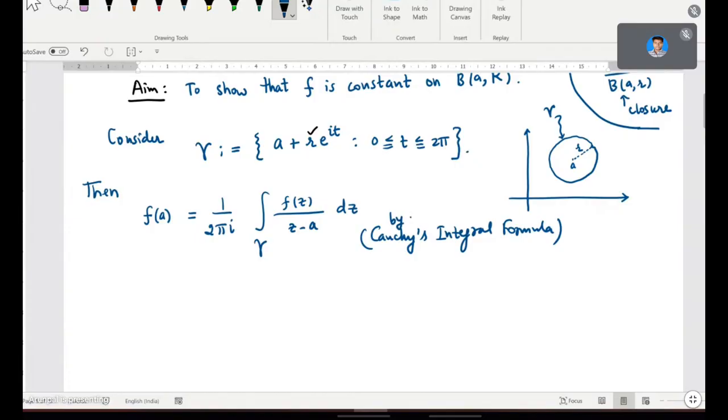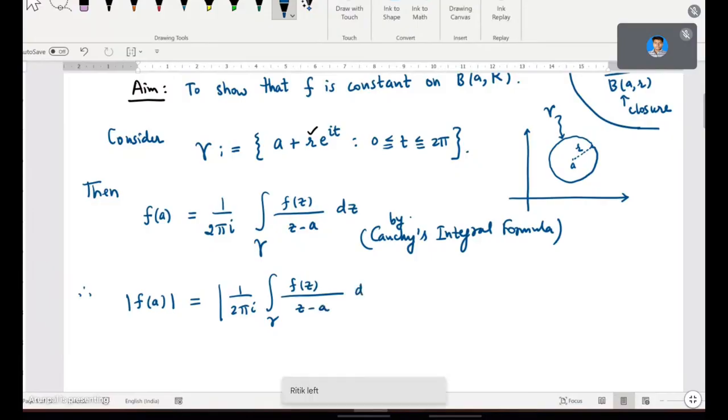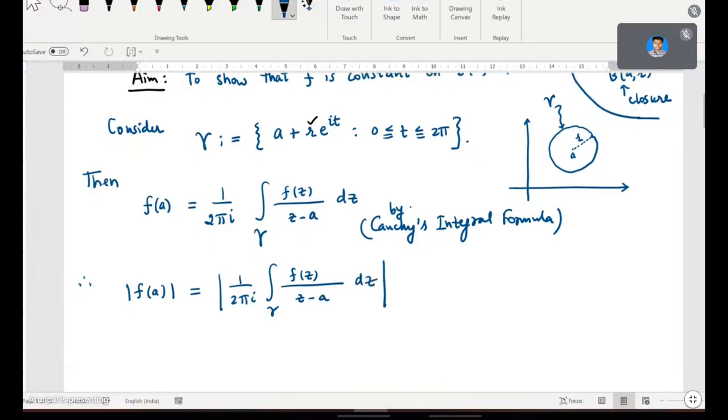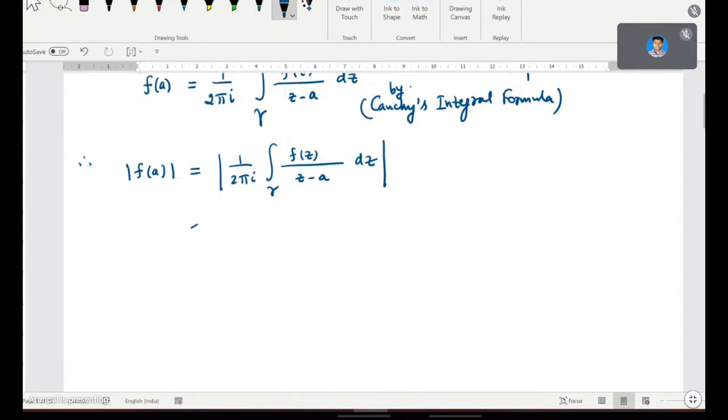Is this okay, class? Therefore, the modulus of f(a) will be equal to the modulus of 1 upon 2 pi i times the integral over gamma of f(z) divided by z minus a, dz. It will be further less than or equal to 1 upon 2 pi, because class, the modulus of i will be 1, right class?